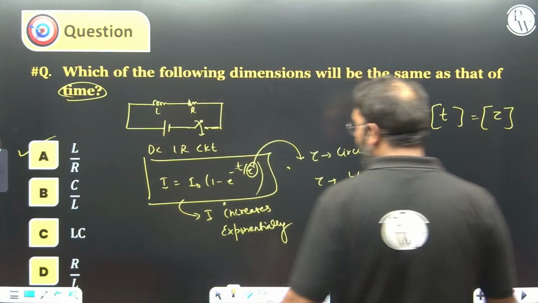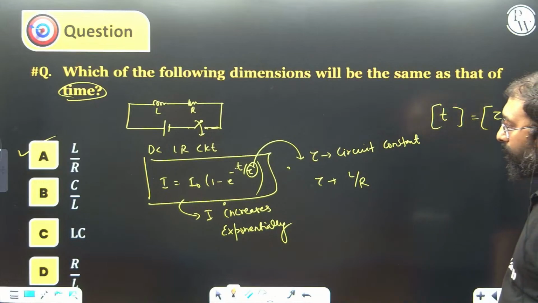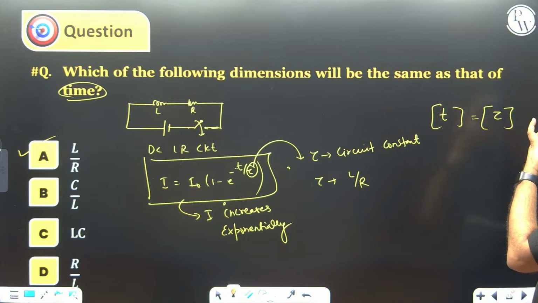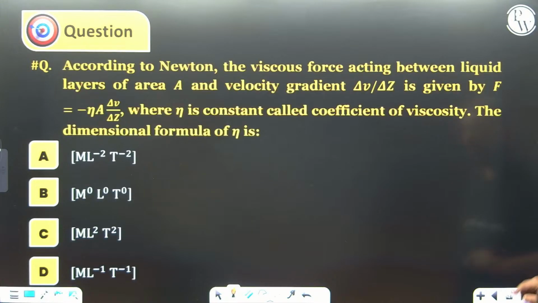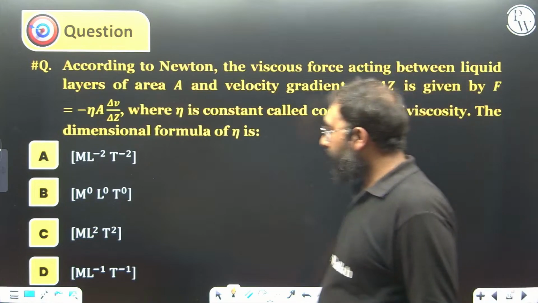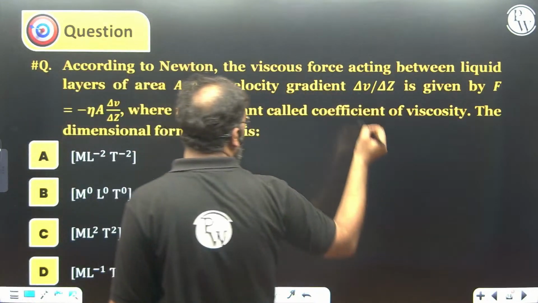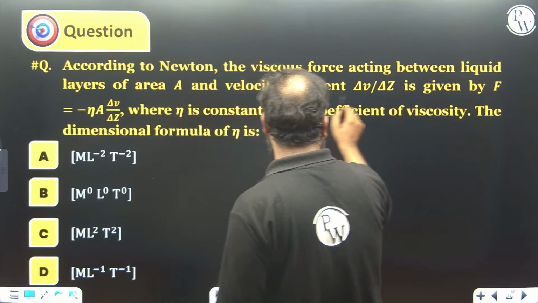Moving to the next question. According to Newton, the viscous force acting between liquid layers of area A and velocity gradient.